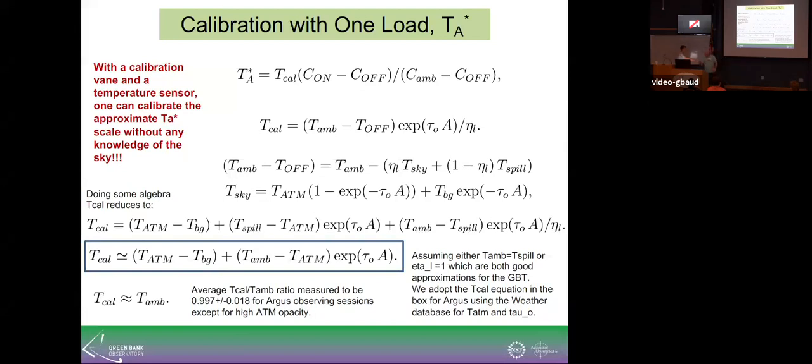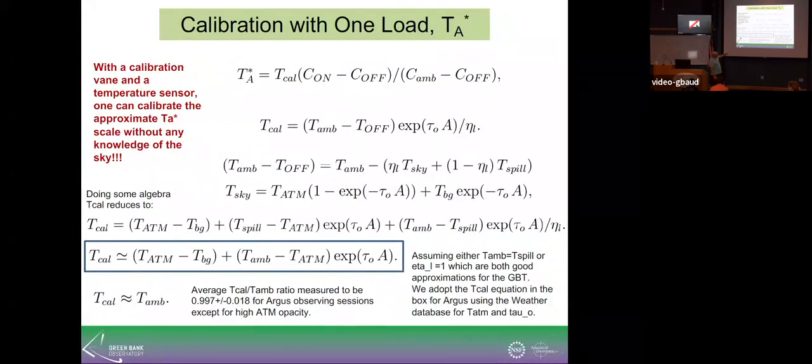We don't necessarily need to go through the algebra. The algebra is interesting, you can learn a lot, but this is why, with a simple temperature sensor, you can calibrate the telescope independent of what the atmosphere is doing, because the different terms cancel out.